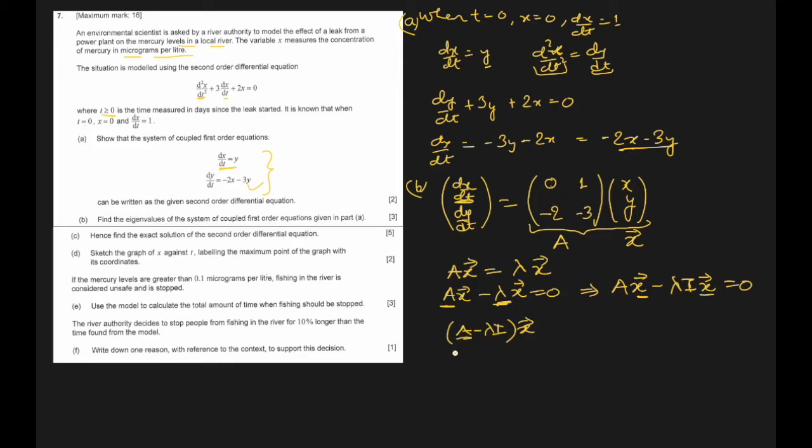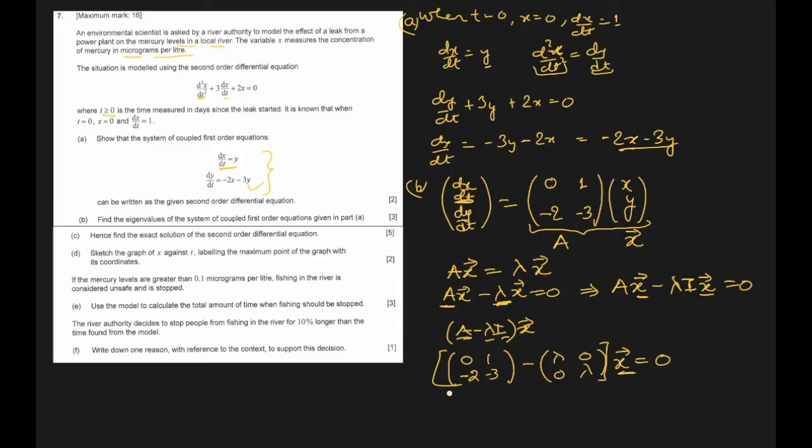Let's do that now. It will be the matrix 0, 1, minus 2, minus 3, minus lambda multiplied by the unit matrix, which will be lambda 0 0 lambda. And all of this multiplies with the vector and is equal to 0.